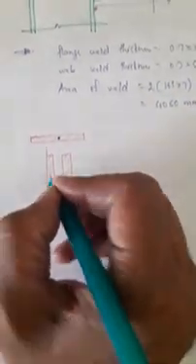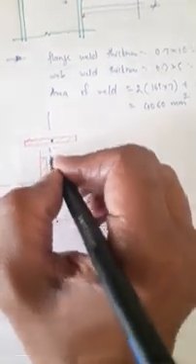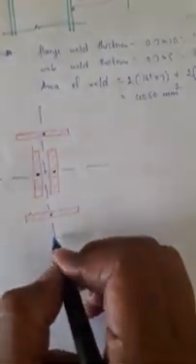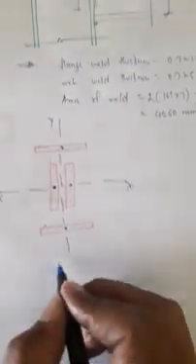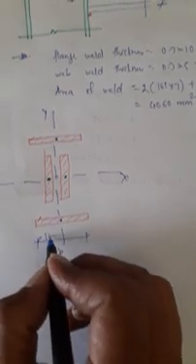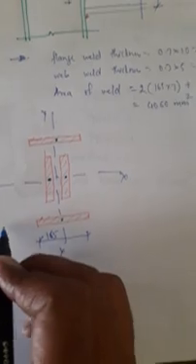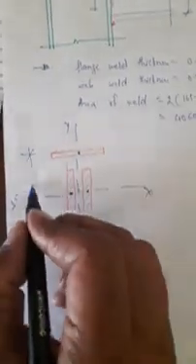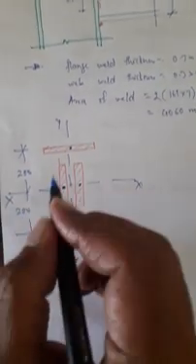This is the CG point, CG and another CG. Let me mark the X and Y axis. Let this be X, Y. This dimension is 165. The whole is 400, so 200, 200.